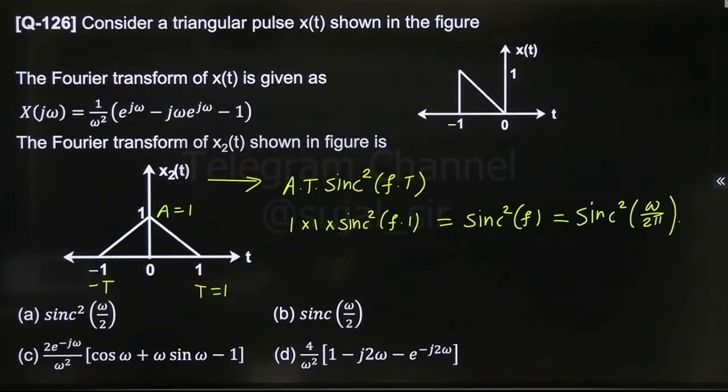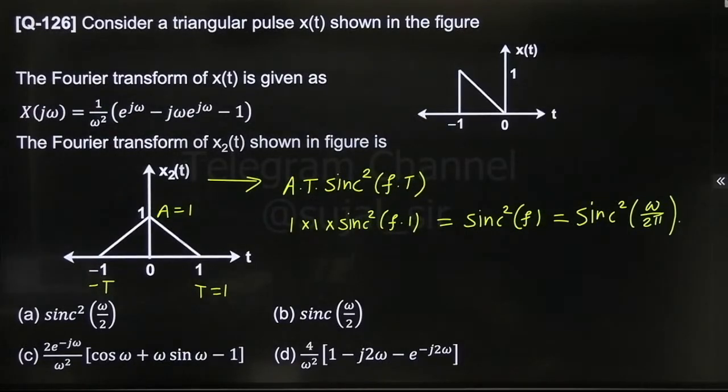Omega upon 2 pi, correct? A equal to 1, t equal to 1, it is sinc square f t. Option A and B not possible.